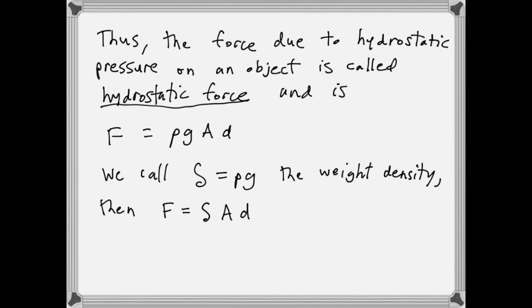What does delta equal? Well, it depends on whether we're in the metric system or the British system, right? So in the metric system, delta is equal to 9,800. It's called newtons per cubic meter. Basically it's weight per unit volume. So this is for water, okay?